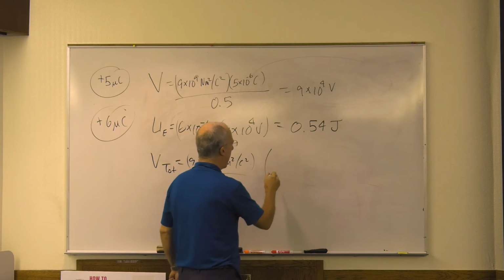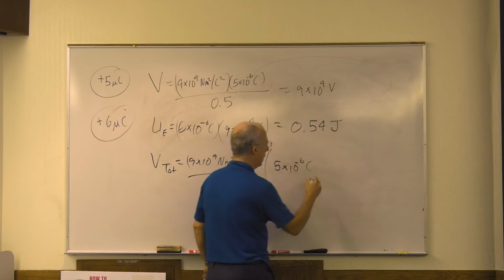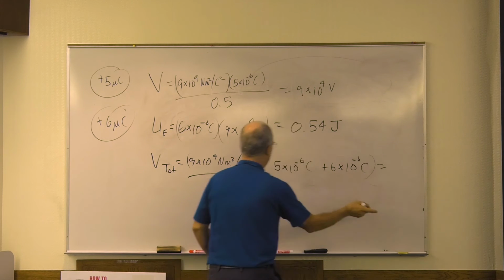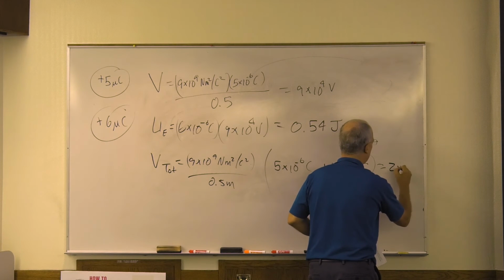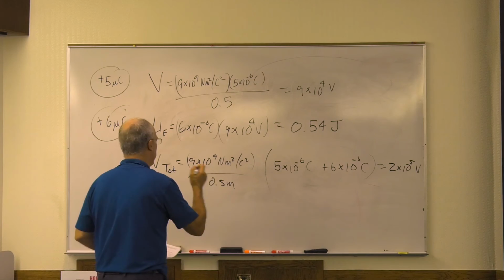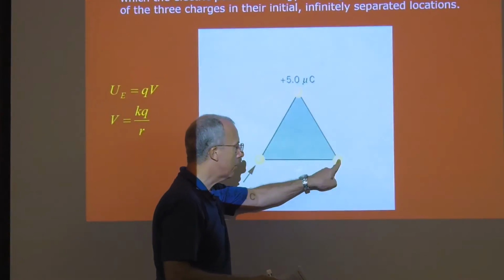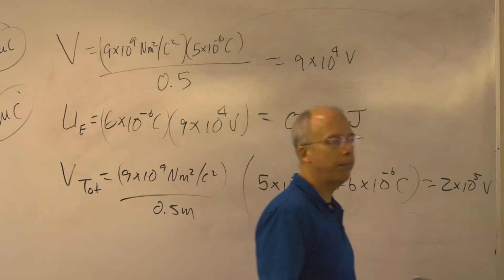And then we have the 5 times 10 to the minus 6 coulombs from the top, and the 6 times 10 to the minus 6 coulombs from the bottom. When you add that up, you get 2 times 10 to the 5th volts, because it's V field. So that means that right here, there's a potential, a V field, of 2 times 10 to the 5th volts.